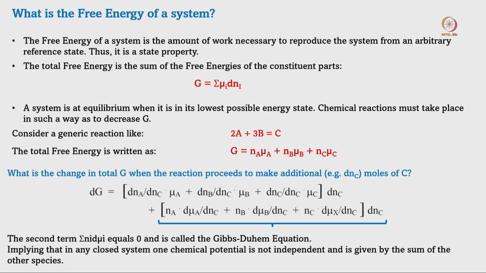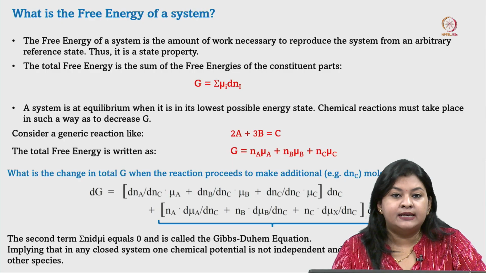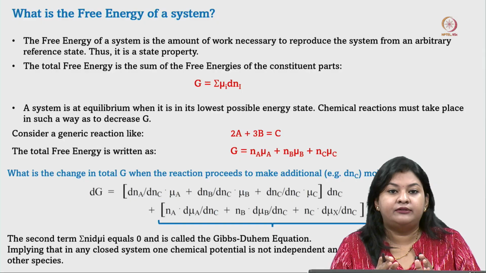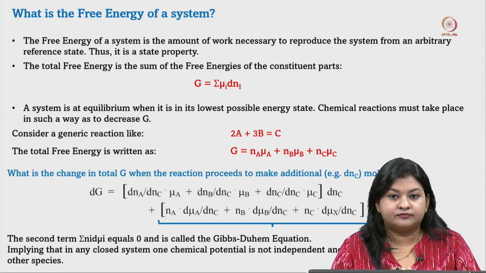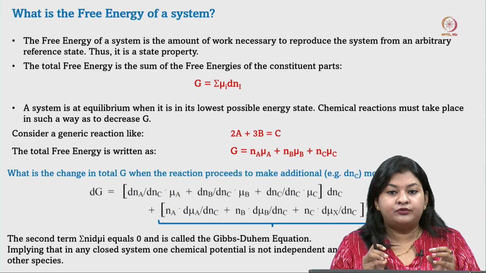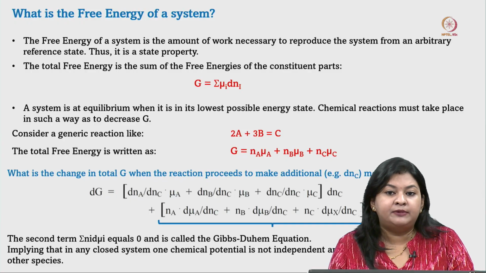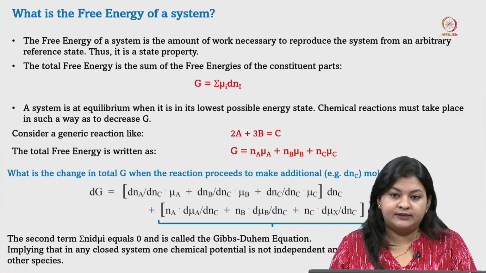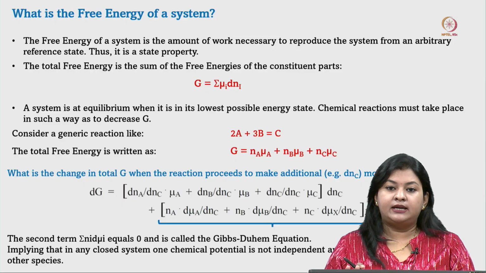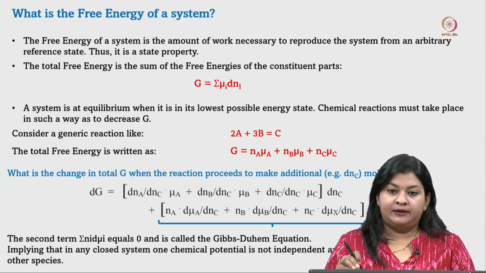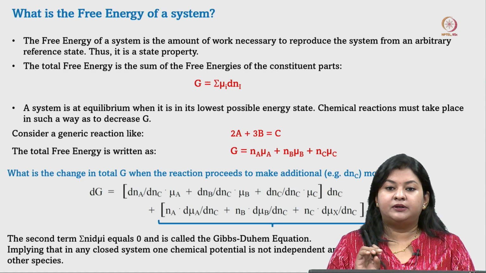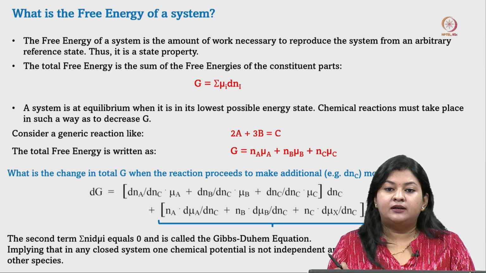So, what is the free energy of a system? The free energy of a system is the amount of work necessary to reproduce the system from an arbitrary reference state. An arbitrary reference state means, say, a particular 1 atmosphere pressure and a particular 25 degree Celsius temperature.